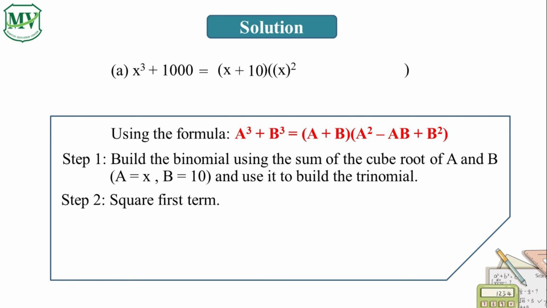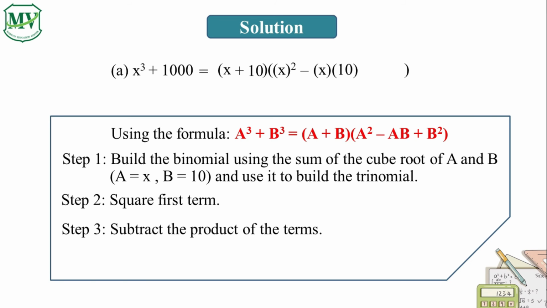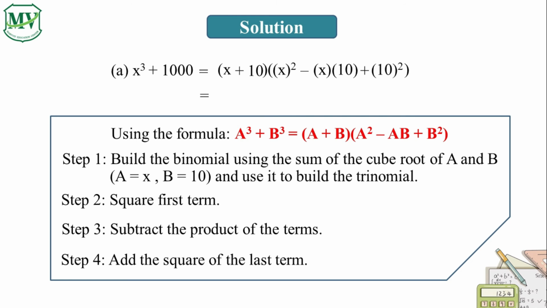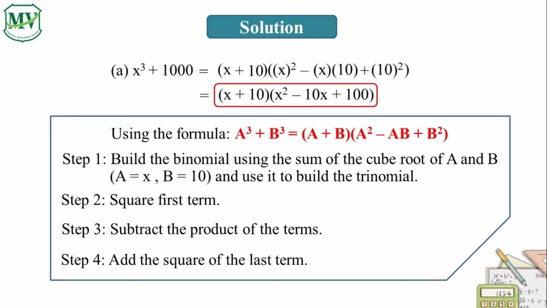That is x squared. Next, subtract the product of the two terms. Lastly, add the square of the last term. Therefore, the factors of x cubed plus 1000 is the quantity of x plus 10 times the quantity of x squared minus 10x plus 100.